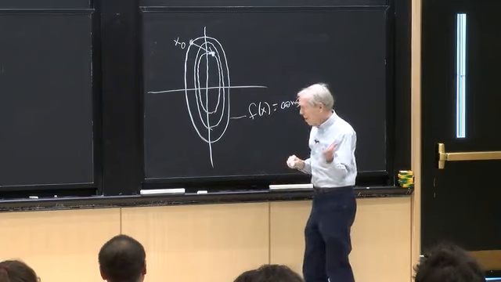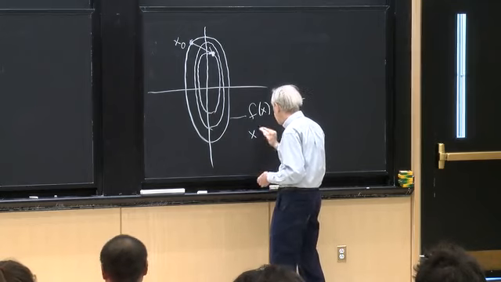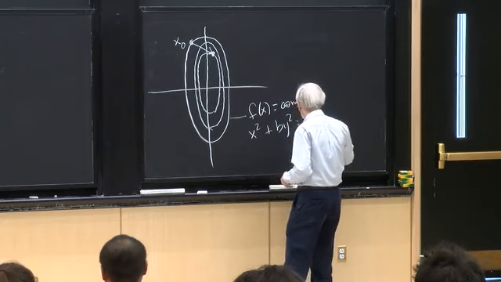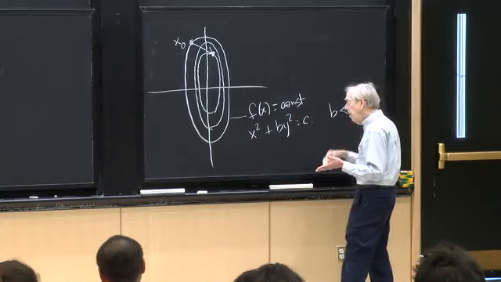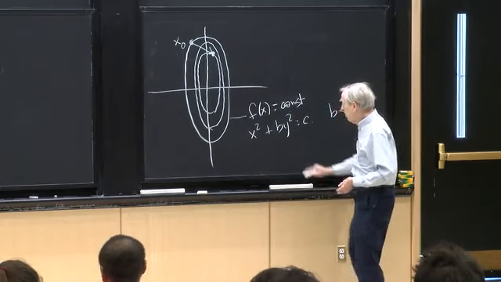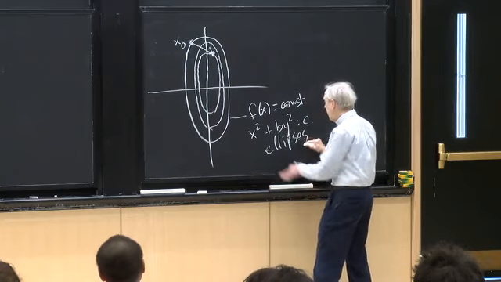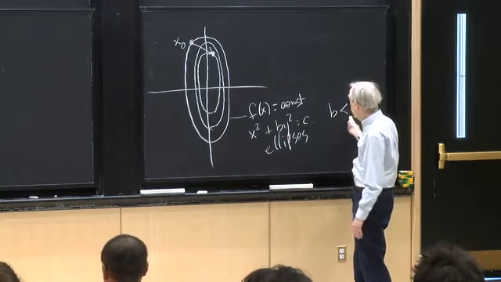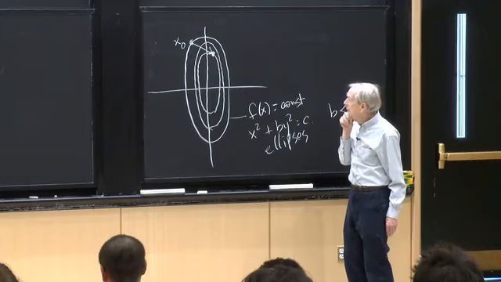And in our model problem, f of x is x squared plus b y squared equal constant, with small b below 1 and maybe far below 1. So those are ellipses. Those are the equations of an ellipse, and that's what I tried to draw. And if b is small, then the ellipses are long and thin like that.